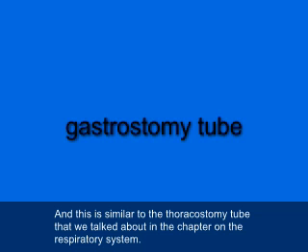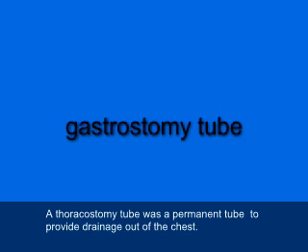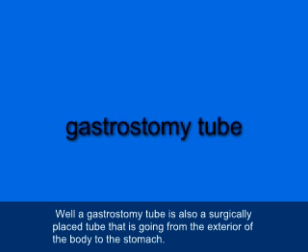This is similar to the thoracostomy tube that we talked about in the chapter on the respiratory system. A thoracostomy tube was a permanent tube to provide drainage out of the chest. Well, a gastrostomy tube is also a surgically placed tube that is going from the exterior of the body to the stomach.